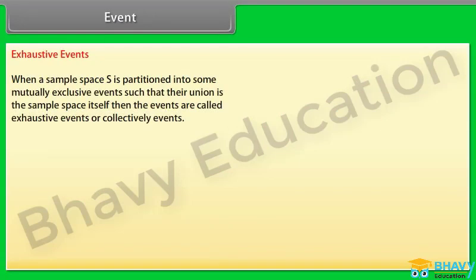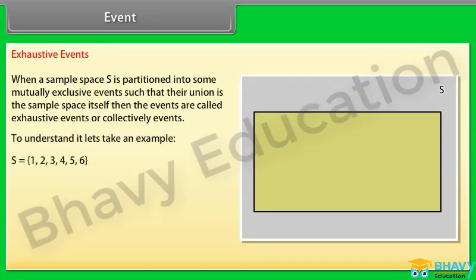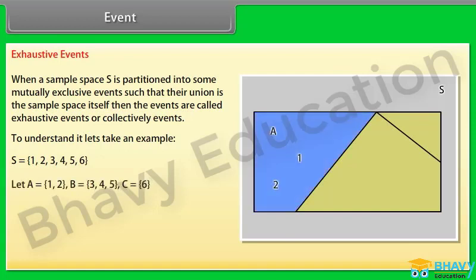When a sample space S is partitioned into some mutually exclusive events such that their union is the sample space itself, then the events are called exhaustive events or collectively exhaustive events. To understand it, let's take an example. S is equal to 1, 2, 3, 4, 5, 6. Let A is equal to 1, 2.